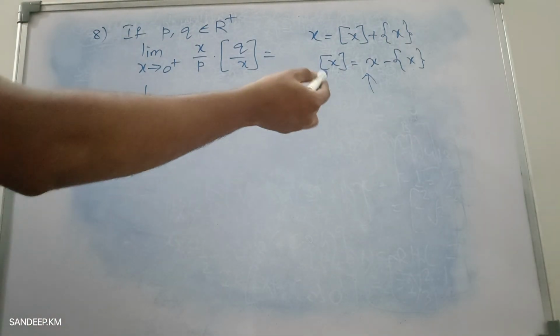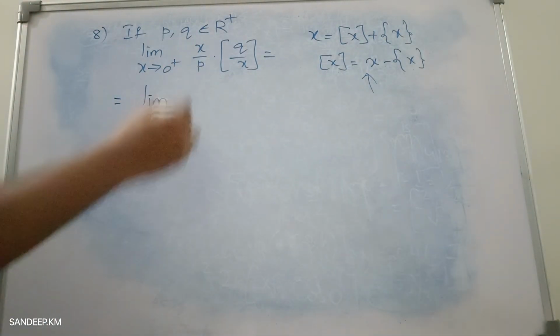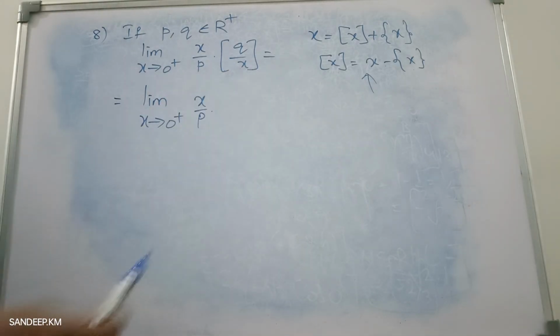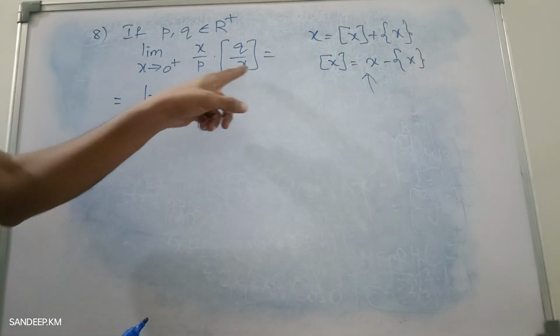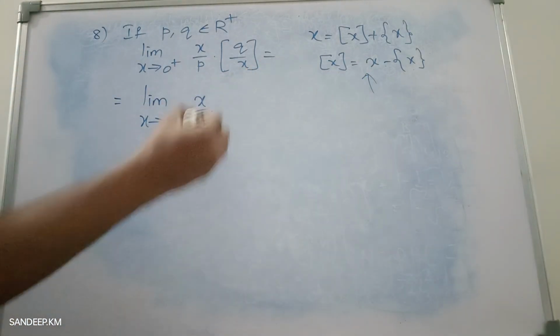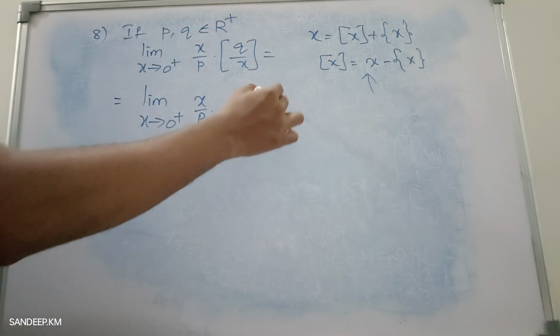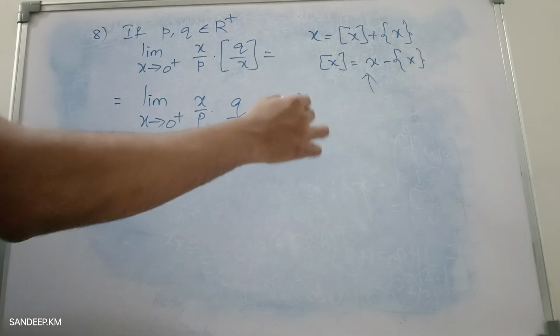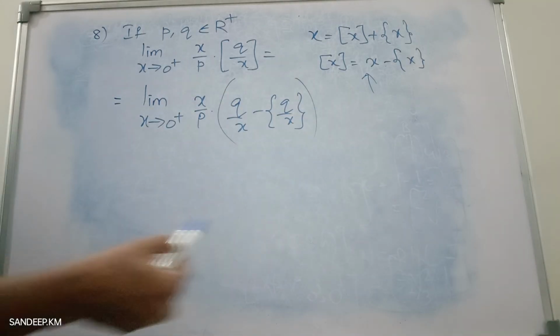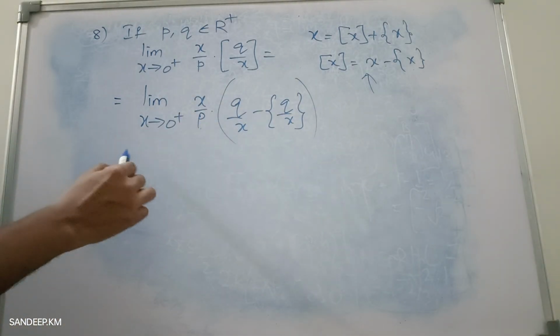See how this definition is useful. x by p as it is into, instead of step of q by x, let me use this definition. Step of q by x is equal to q by x minus fractional part of q by x, correct or not? So x by p into this whole term, now you can multiply it inside.